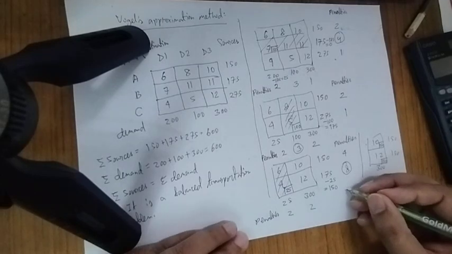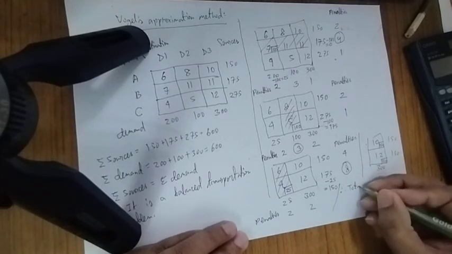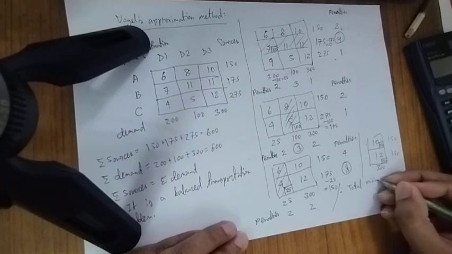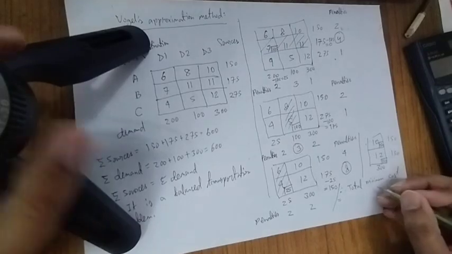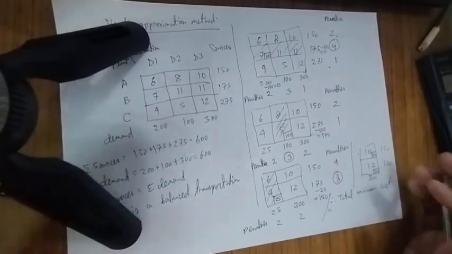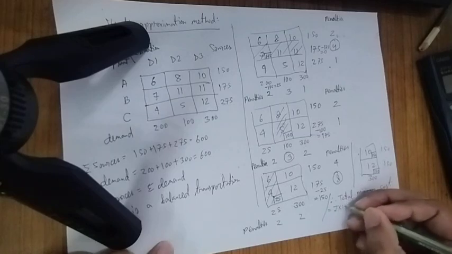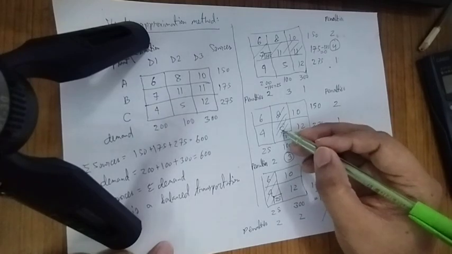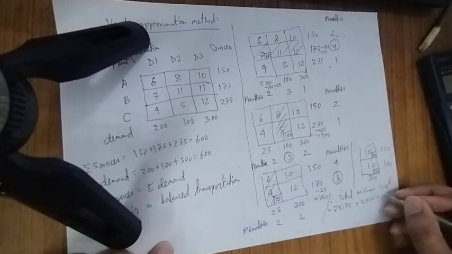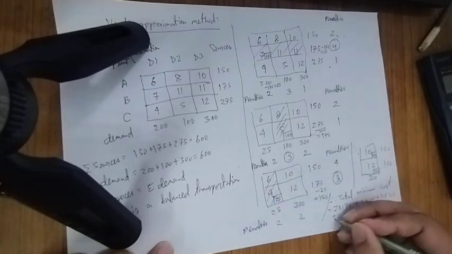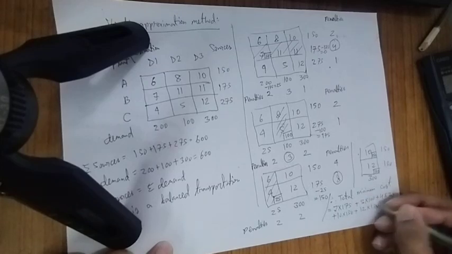So the total minimum transportation cost will be, if we follow it carefully, 7 unit cost for 175, 5 unit cost for 100 product, 4 unit cost for 25 product, 10 unit cost for 150 product, 12 unit cost for 150 product.